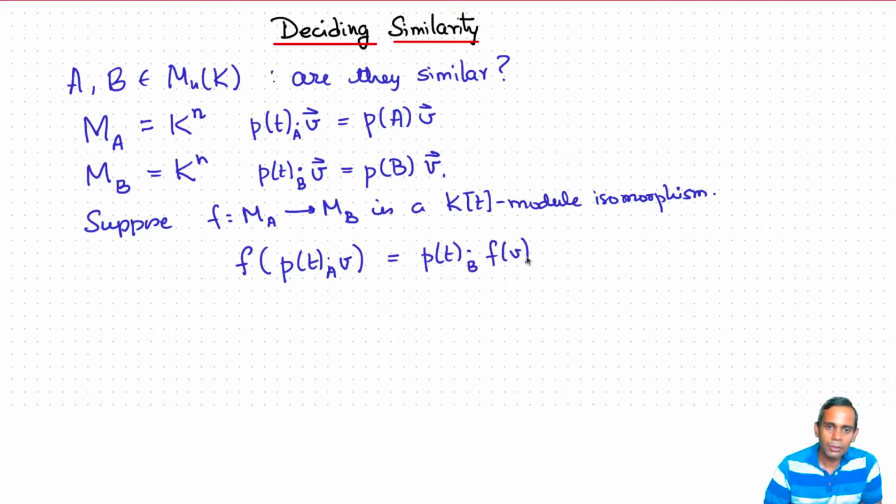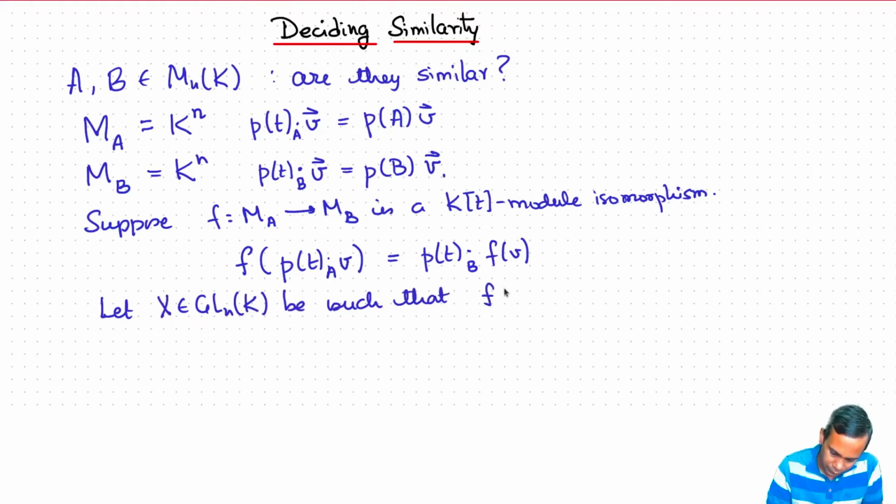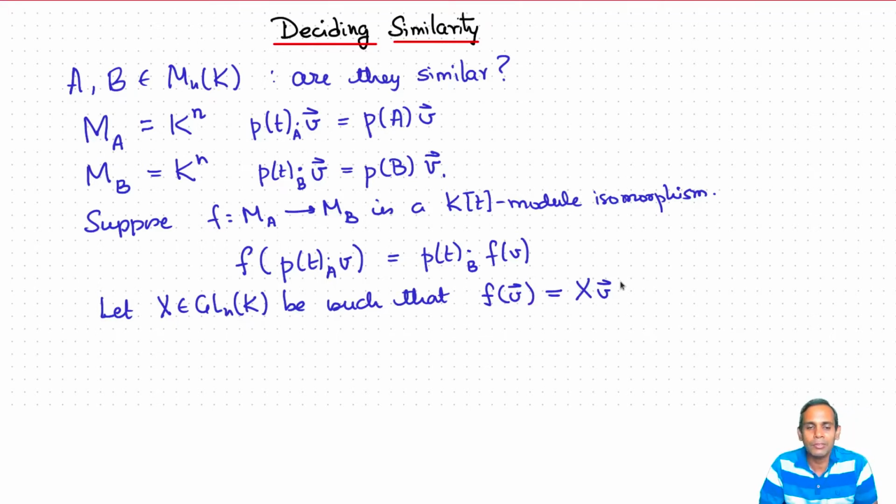Okay. Now f is just a linear map from K^n to K^n, so we should be able to write it as a matrix. So suppose we have that f(v) equals Xv for some matrix X, and this has to be invertible because f is an isomorphism.